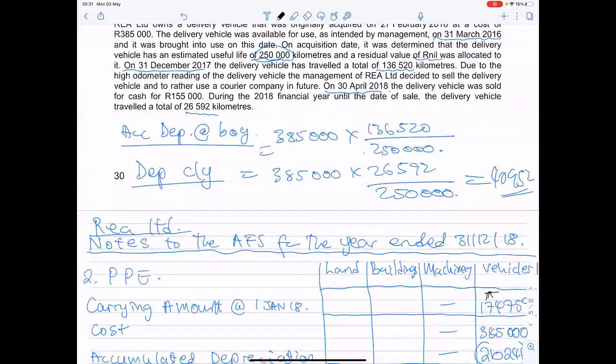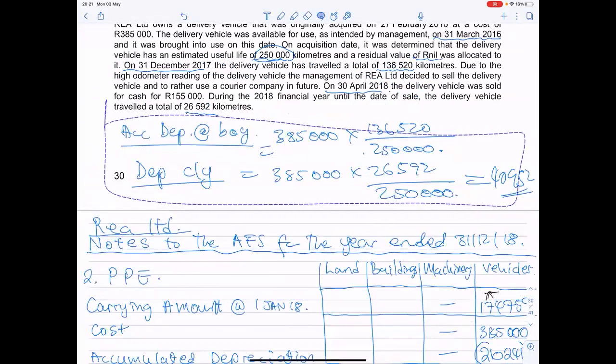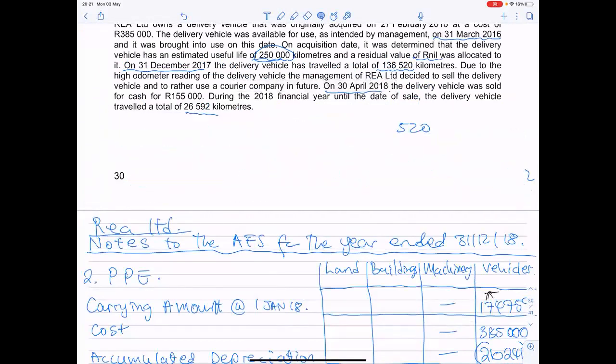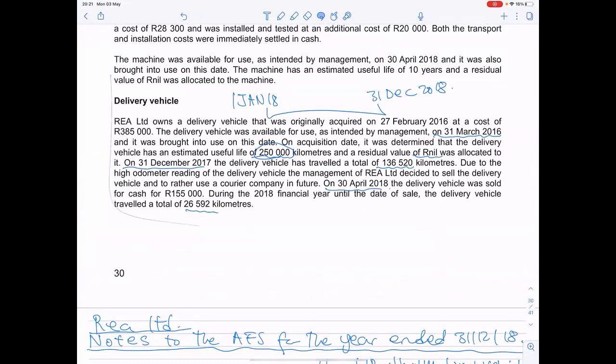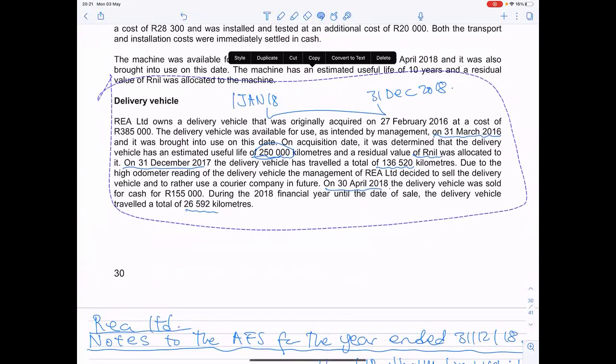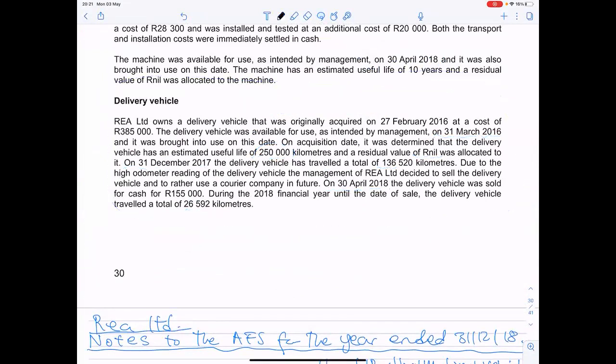Now, when we are removing the delivery vehicle, we have to remove it at cost, and remove it using its accumulated depreciation. My statement is wrong. We have to remove the delivery vehicle at its carrying amount.